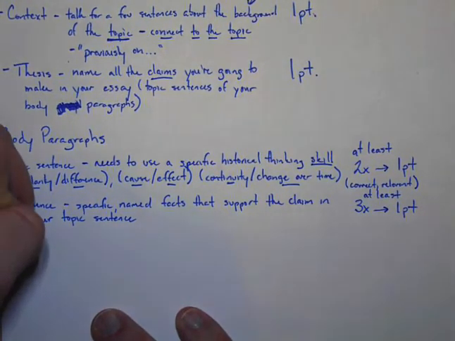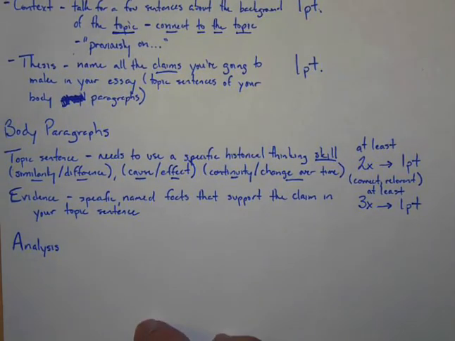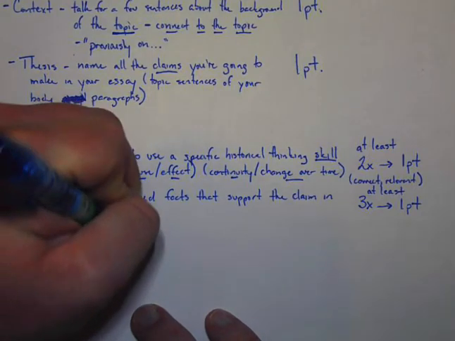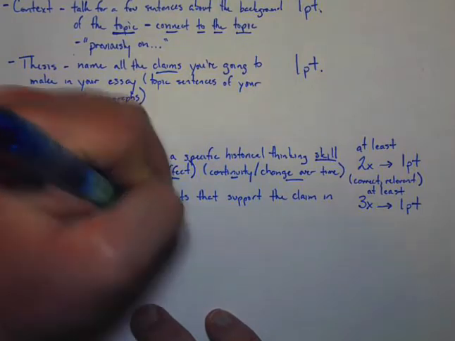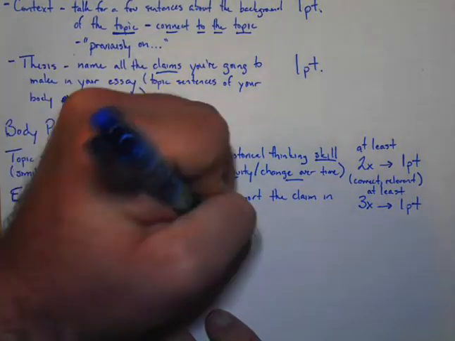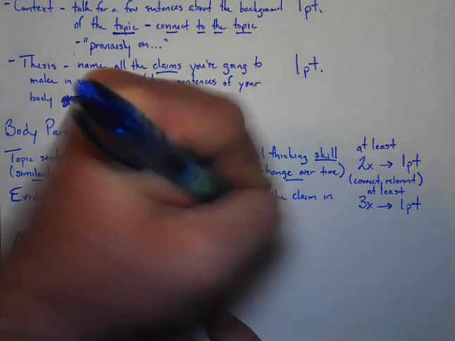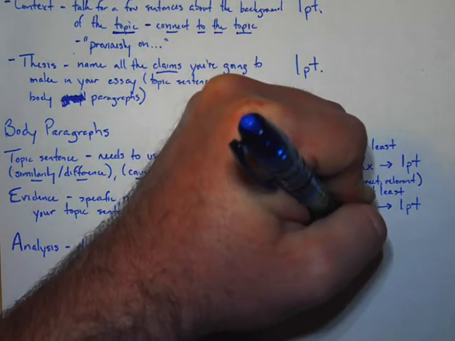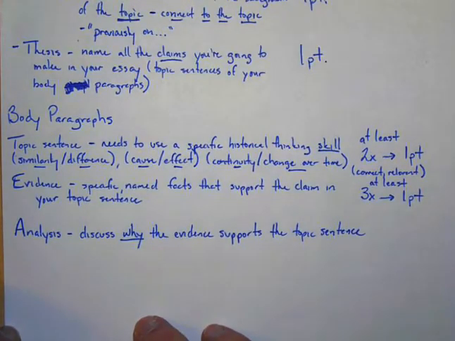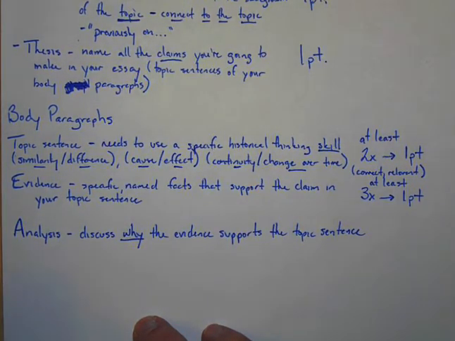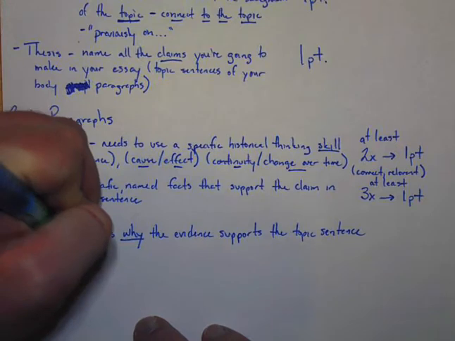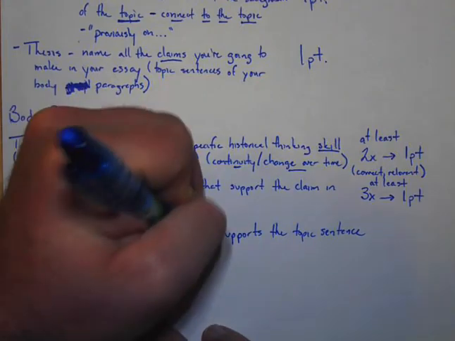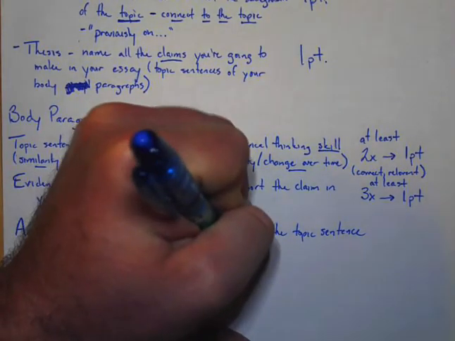The A stands for analysis. This is where you discuss why the evidence supports the topic sentence. It's going to feel like it's obvious to you. Connect the dots. Hold the reader's hand.